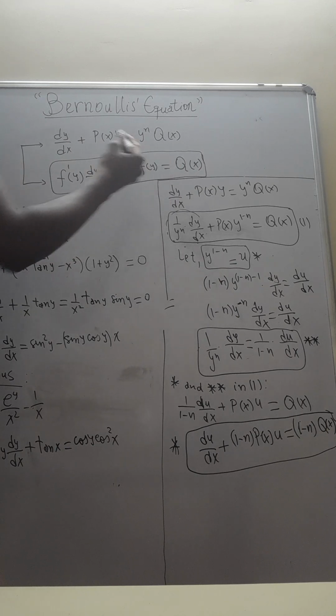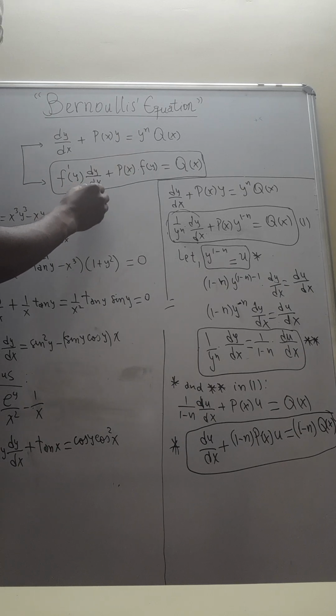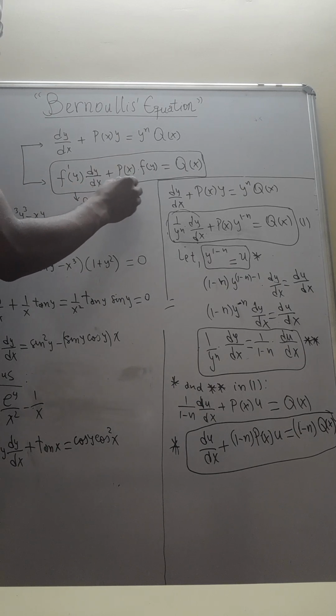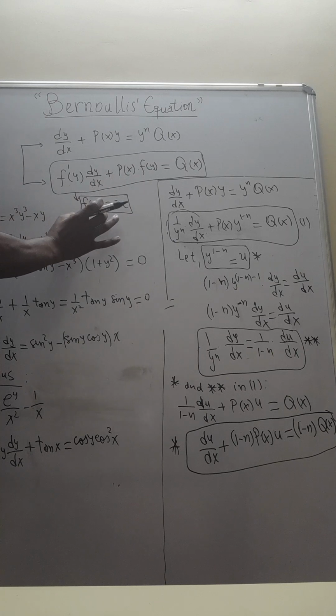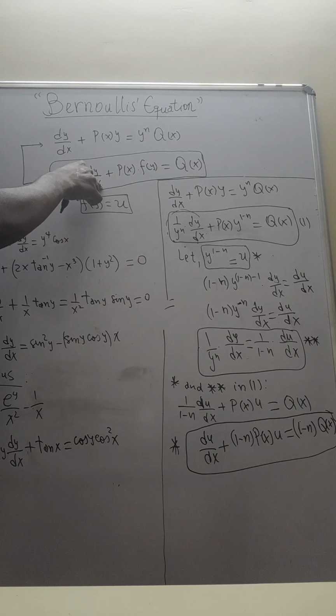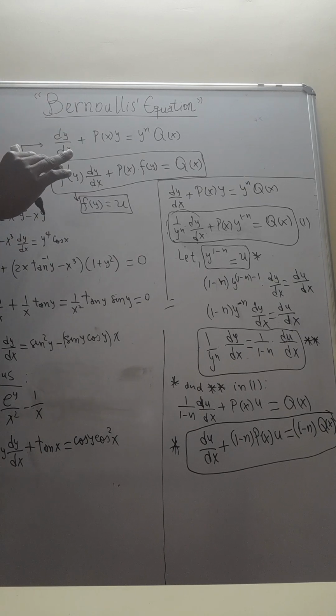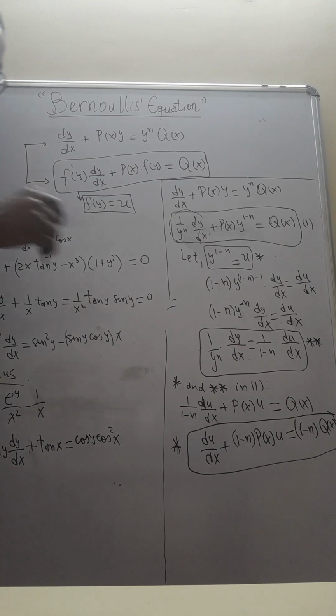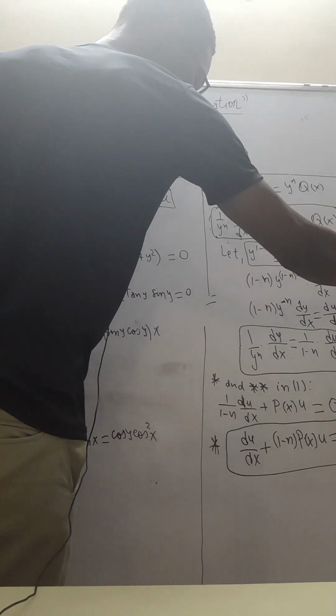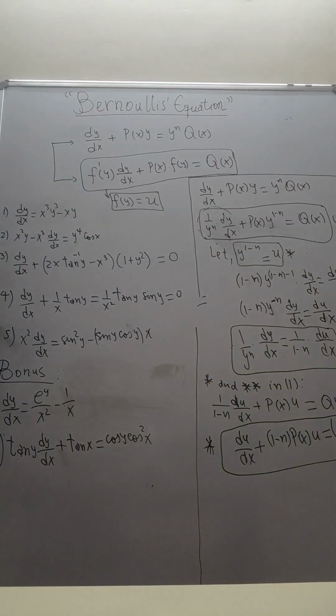If this is true, then do this substitution, f of y equal to u. Then find the differentiation of this and this with respect to x. If it were y, with respect to y, and so on. This is what we are going to see now.